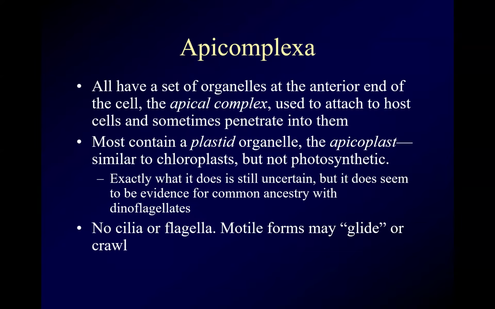This is plausibly evidence that apicomplexans share a common ancestor with maybe photosynthetic dinoflagellates. They've retained this plastid, even though they no longer are photosynthetic. Presumably, they do something else with it. There does seem to be a lot of protein trafficking to and from the apicoplast.